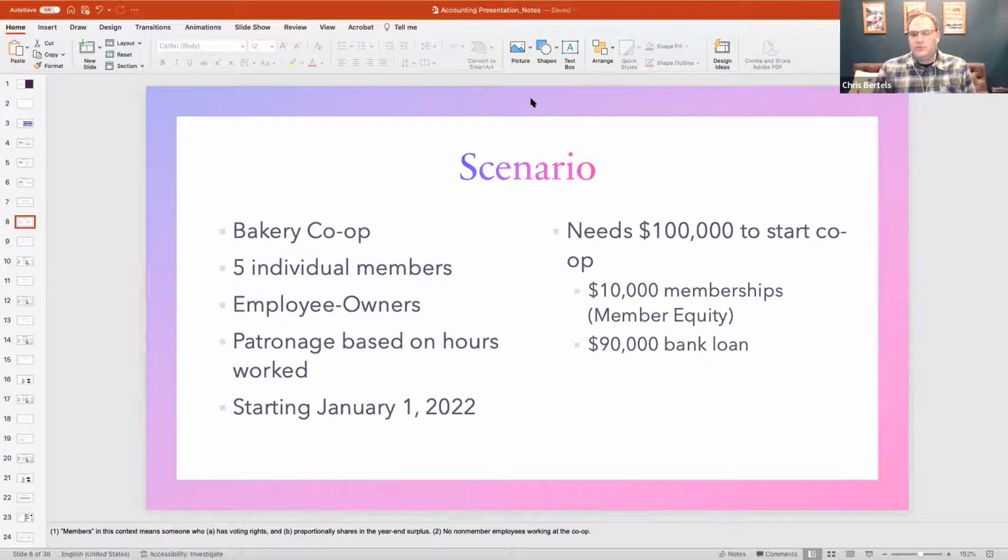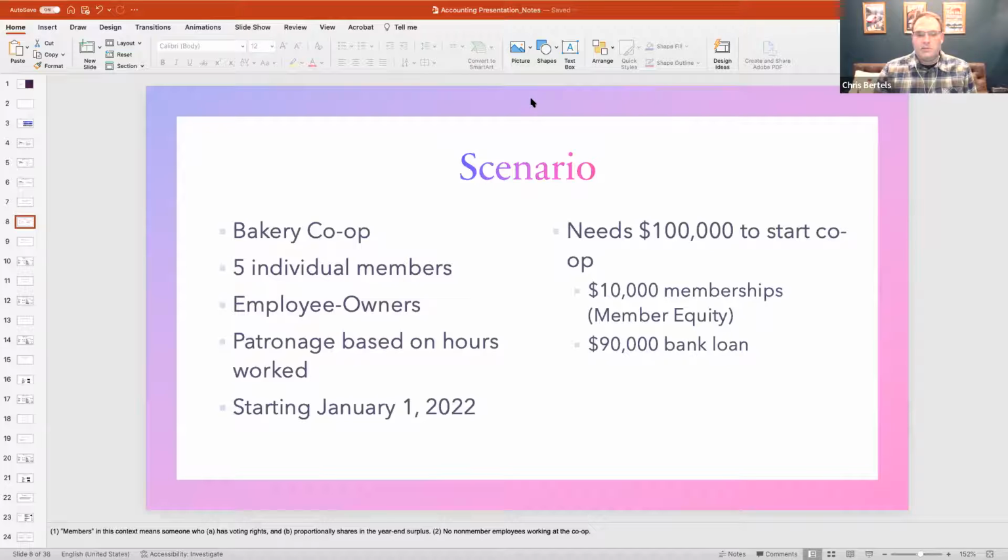Okay, the scenario for the following slides is a bakery co-op. It's started by 5 individual members. These members are employee owners. The patronage is going to be based on hours worked.